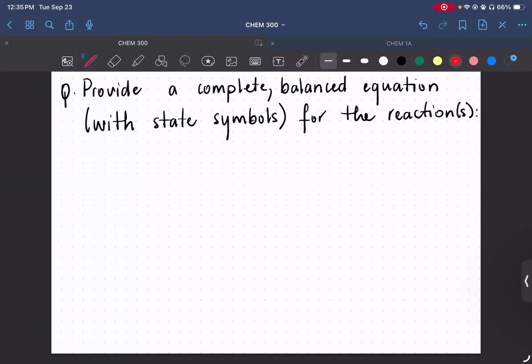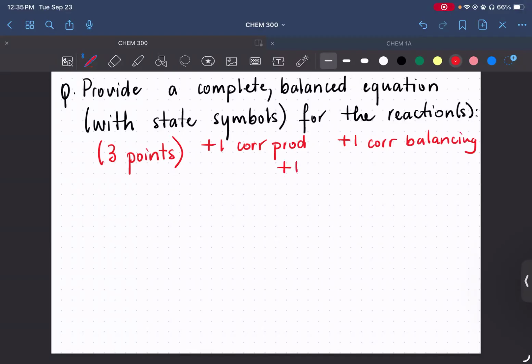And I'm going to go ahead and tell you that this question is traditionally worth 3 points per reaction. The 3 points come from number 1, the correct products. The second point comes from correct balancing. And the third point comes from the correct state symbols.